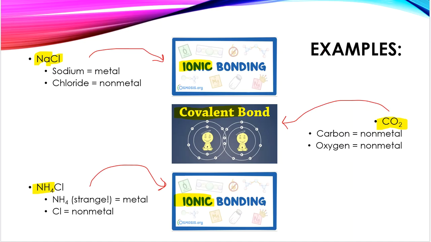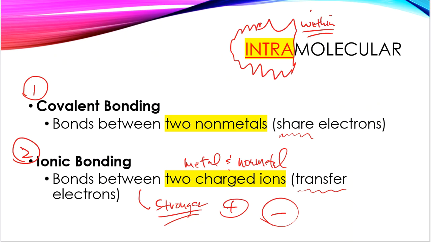The reason is because it's covalent bonding and not ionic bonding that's at play. All right, so that will sum up what we call intramolecular forces. These are bonds within a molecule that keep that molecule together. And we've got two major choices here, ionic and covalent, and now you know the difference.